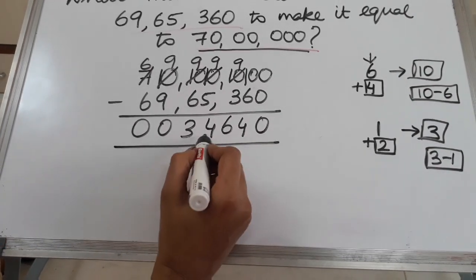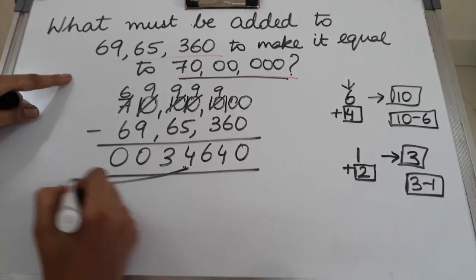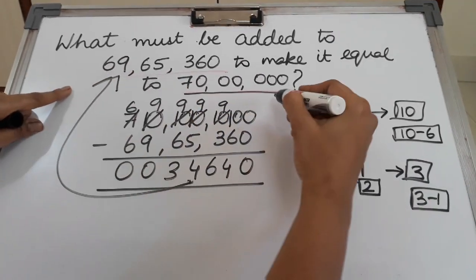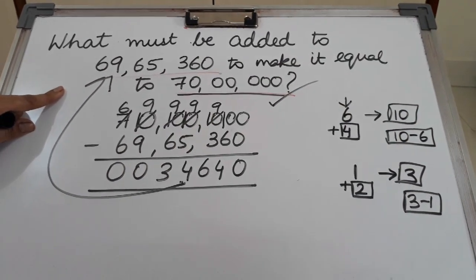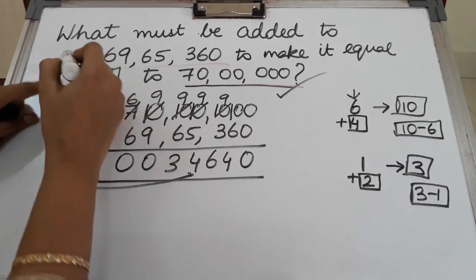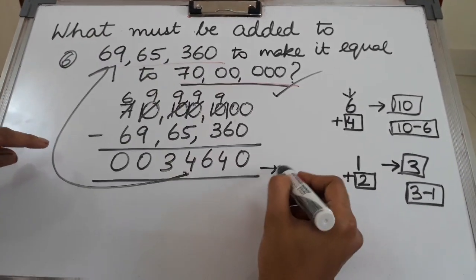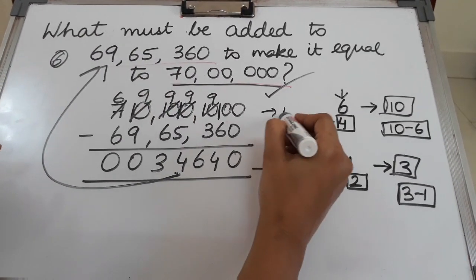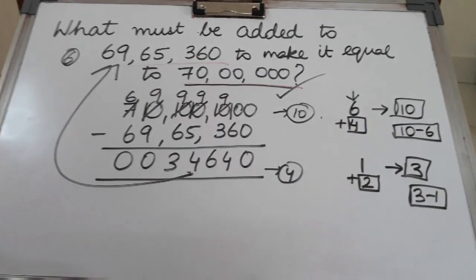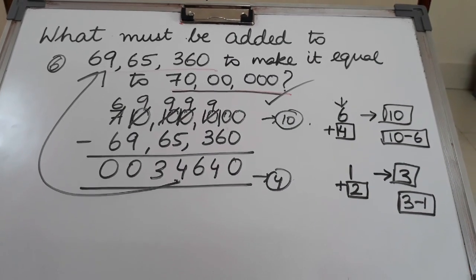So this is the number. When we add it to this number, we get the answer as 70 lakhs. Like here, this is 6, this is 4, and what we are getting is 10. Okay, coming towards the next type of question.